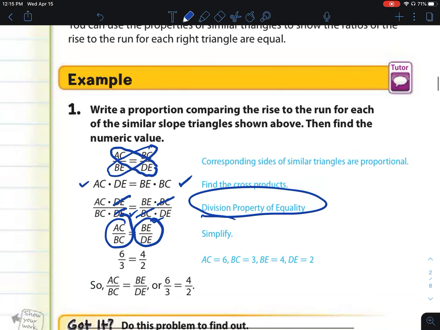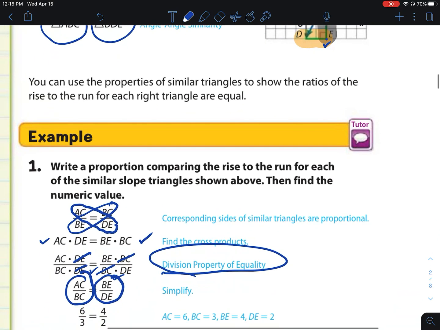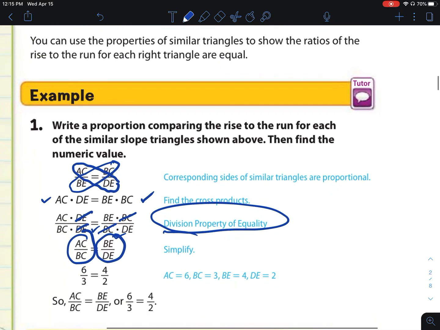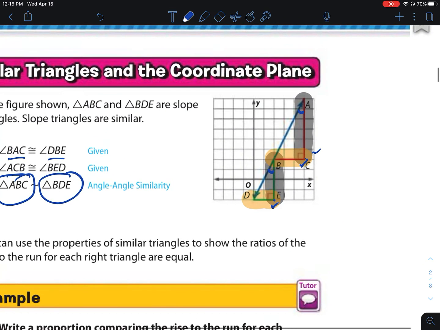We know that AC is 6 units, and BC is 3 units. AC is 6 units: one, two, three, four, five, 6.